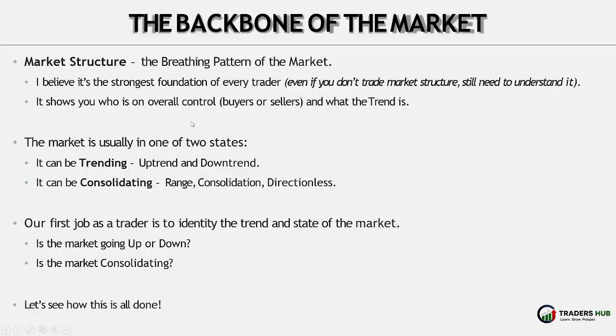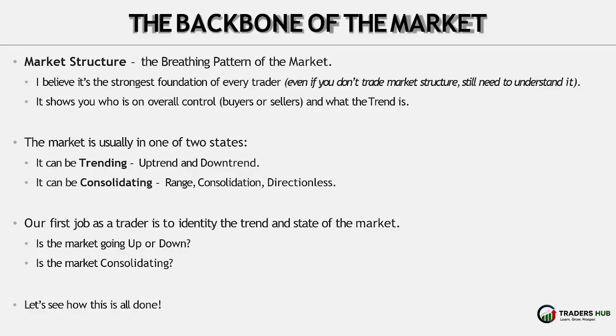The market is usually in one of two states: either trending or consolidating. When it is trending, it is either in an uptrend or a downtrend. And when it's consolidating, we can have ranging markets, consolidation, or directional. Our first job as a trader is to identify the trend and state of the market, or in other words, the direction the price is moving.